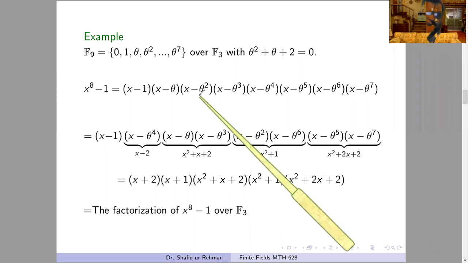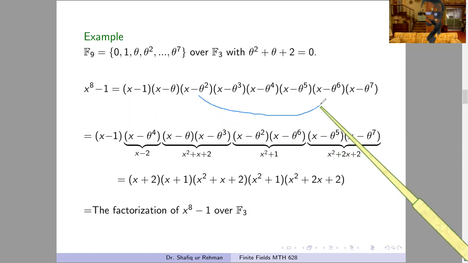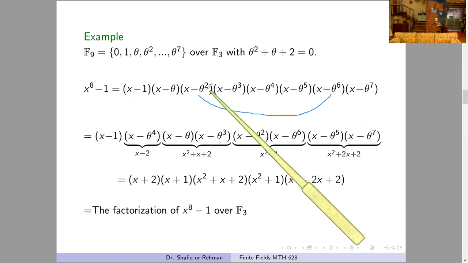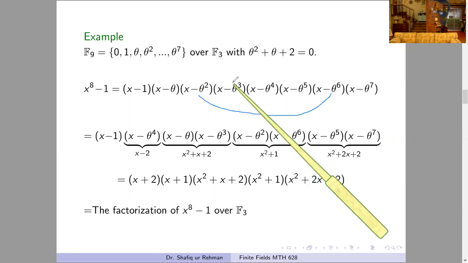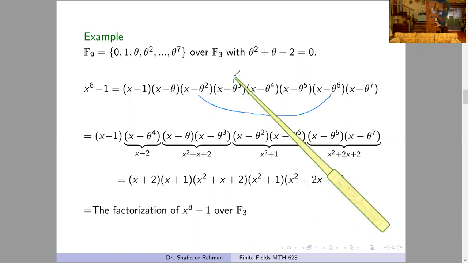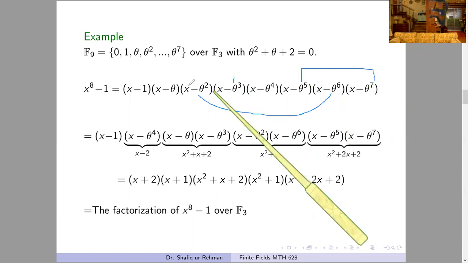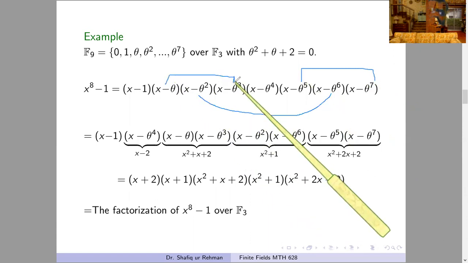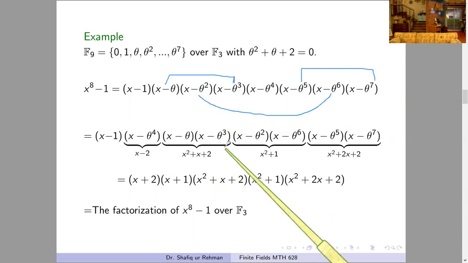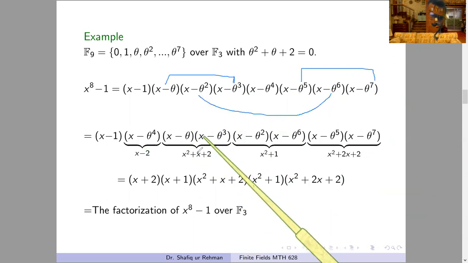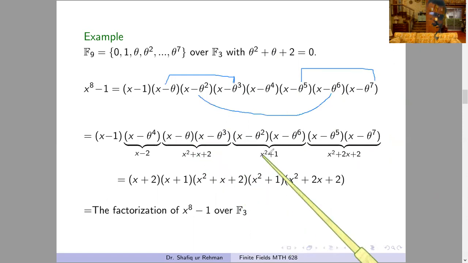We know that theta square and theta 6 are conjugates, so they are the roots of the same minimal polynomial, and we combine them. Similarly 3 and 7, and 5 and 7 are the same, and 1 and 3 are the roots of the same minimal polynomial, so we combine them. By multiplying and using this relation, we get these factors.